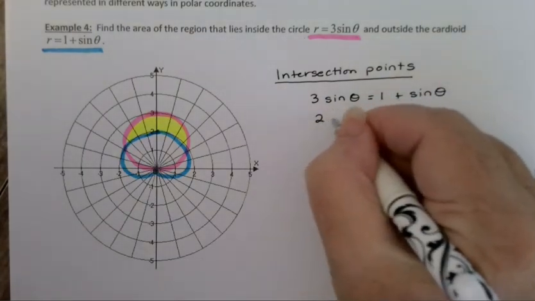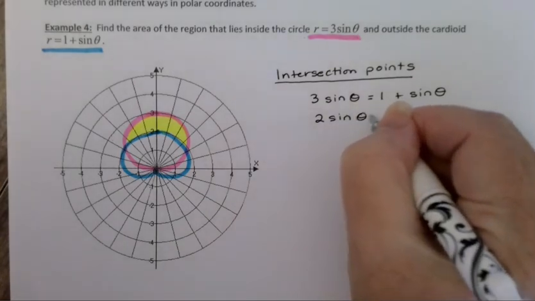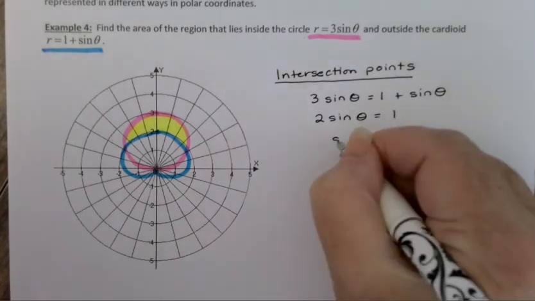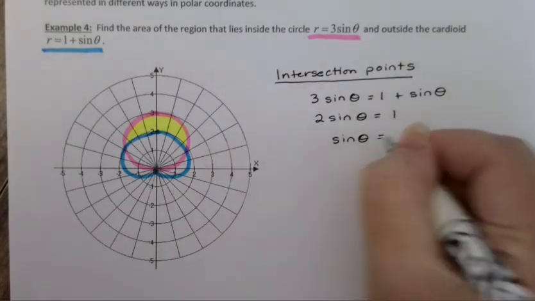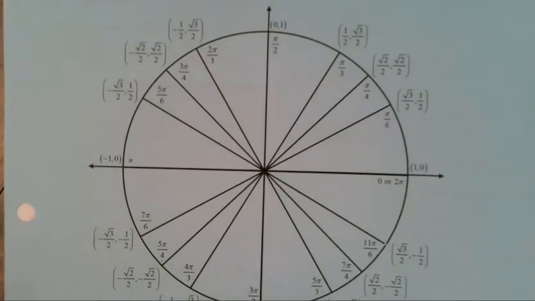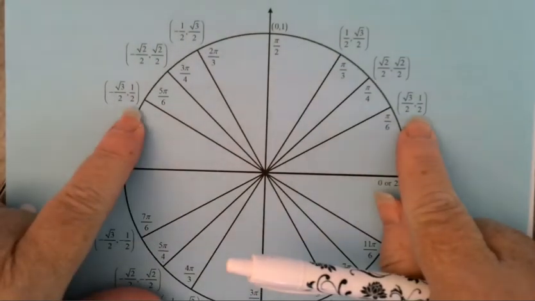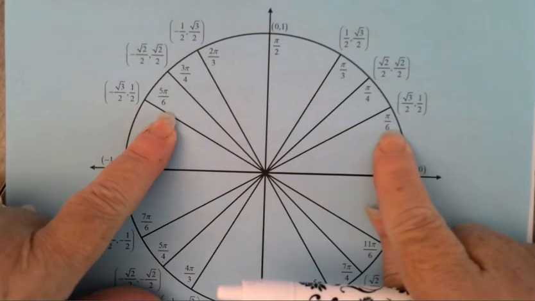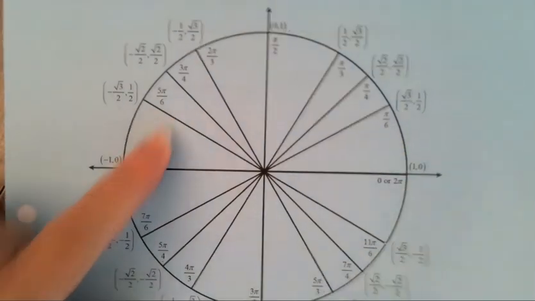Subtracting the sine theta, I have 2 sine theta equals 1, and sine theta equals 1/2. Two places where sine theta is a half would be pi/6 and 5 pi/6.